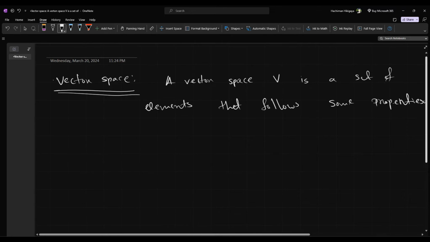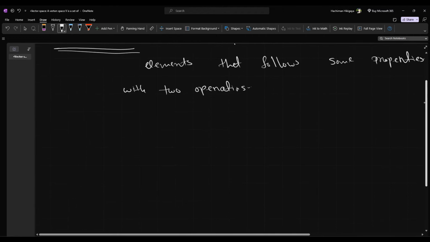A vector space is a set of elements with two operations. The operations are the plus operation and the dot operation.